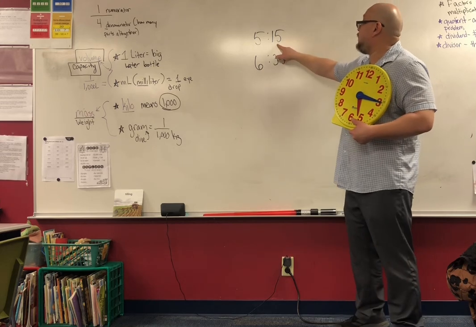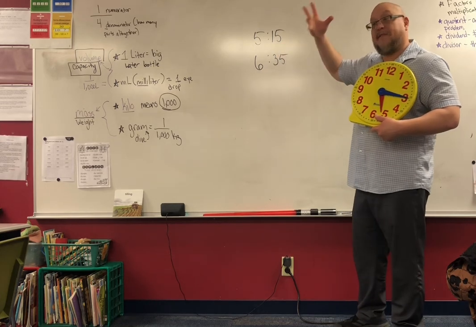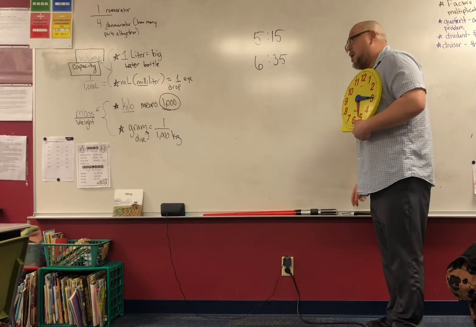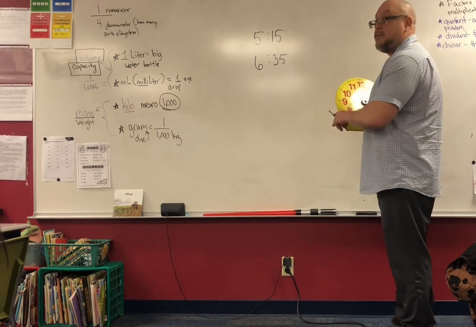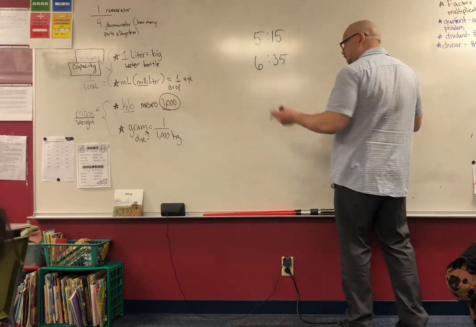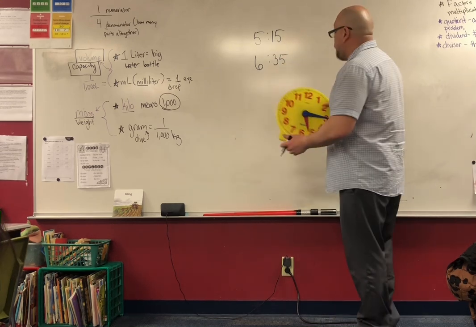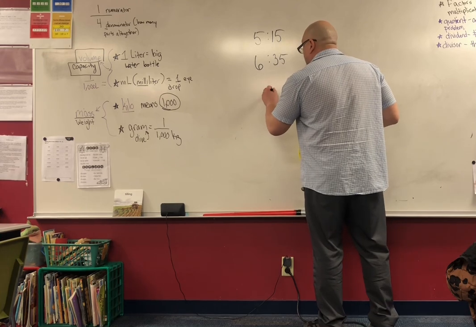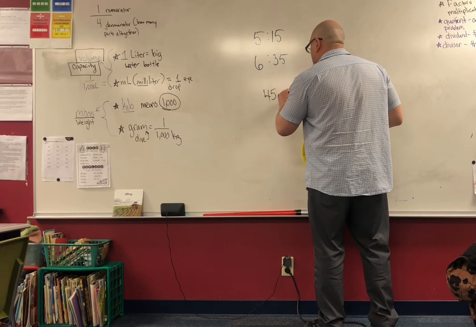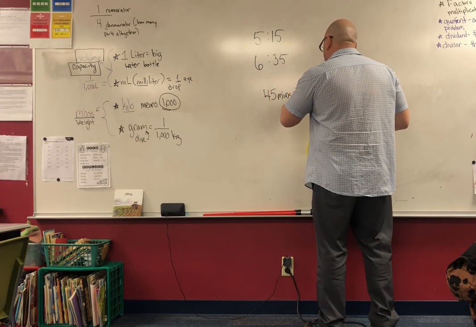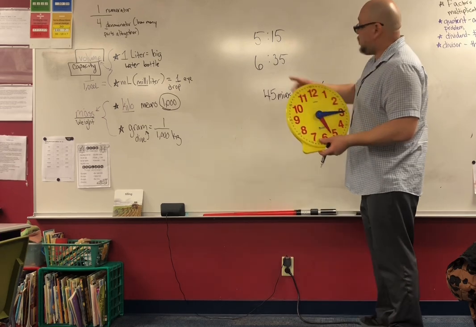And we're already 15 minutes in. So if we took 15 away from 60, how much time would we have? 45, right? So we know it's 45 minutes until 6 o'clock. So I'll write that down now. 45 minutes until 6.